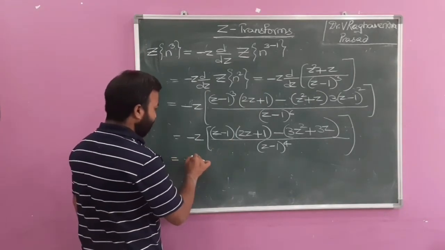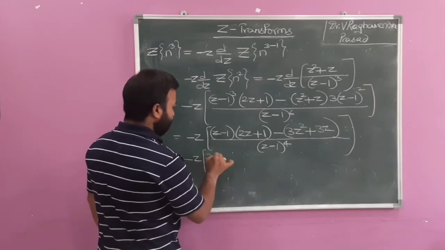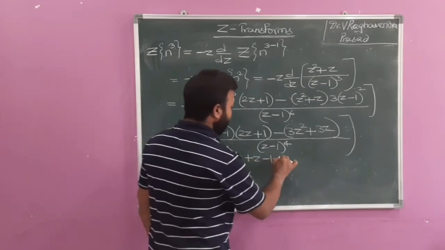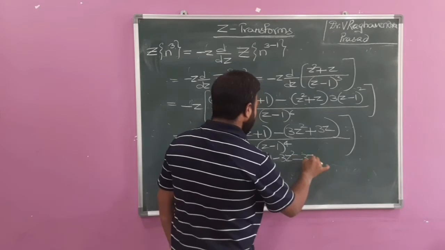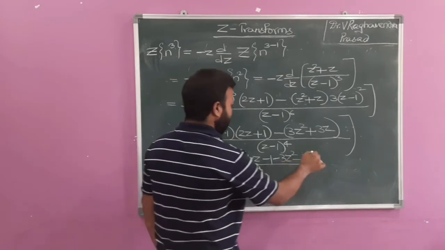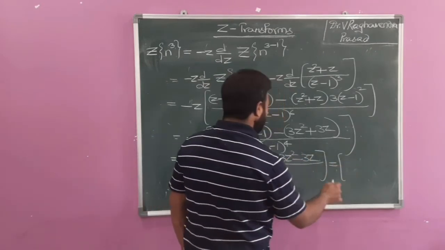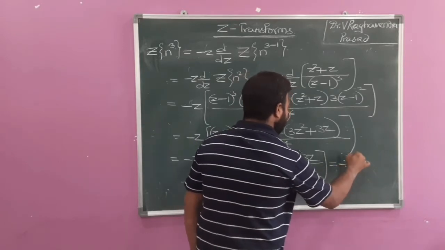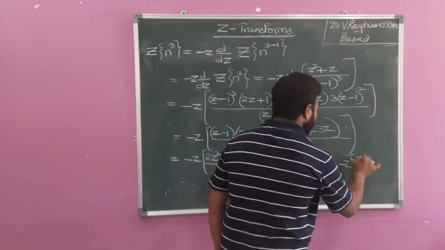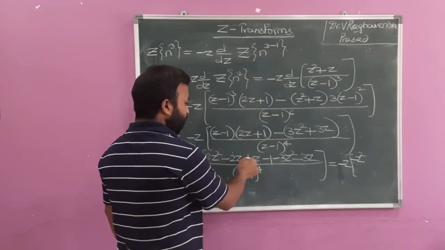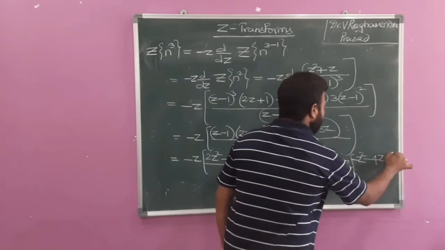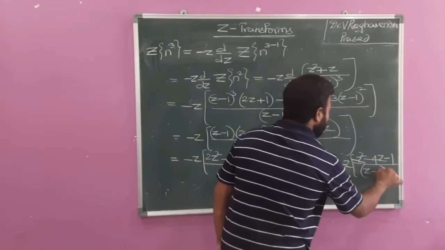And now this is equal to minus z into, on expanding this, 2z square minus 2z plus z minus 1 minus 3z square minus 3z by z minus 1 whole to the power of 4, equal to minus z into, and we have minus 3z square plus 2z square, that is minus z square, minus 2z plus z minus z again minus 3z, so minus 4z, minus 1 by z minus 1 whole power 4.